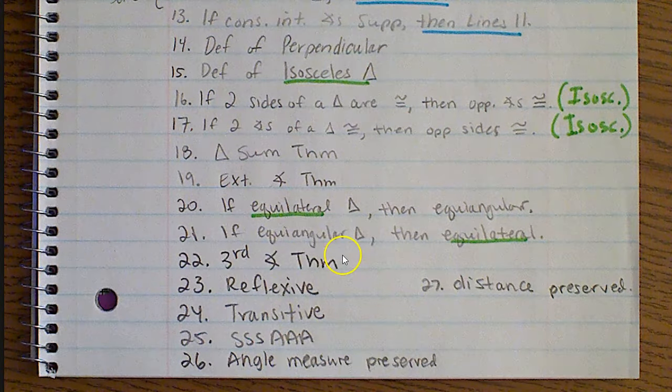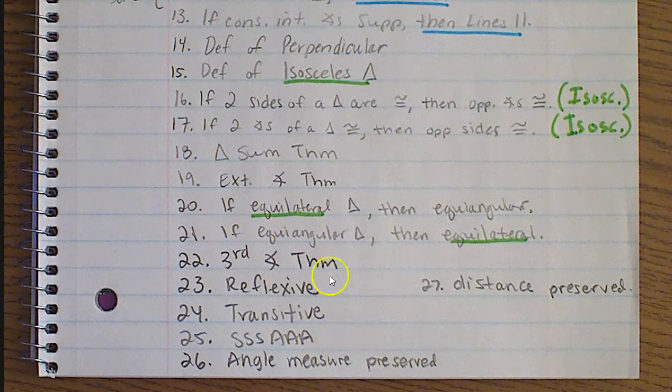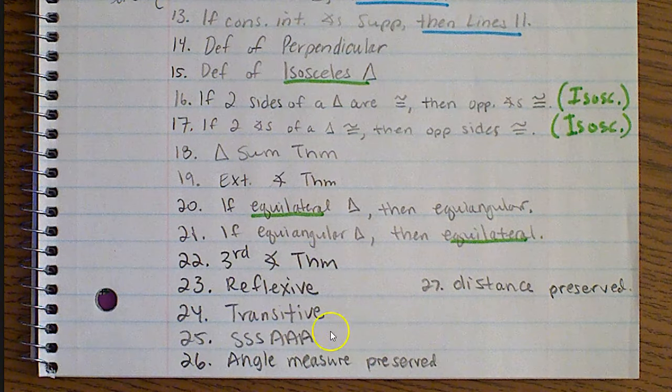So we learned a third angle theorem. Remember, that's when you already know two sets of congruent angles exist and you're just trying to show that the third angles exist that are congruent. Reflexive, that's when you've got an overlapping side or an overlapping angle, basically proving it's congruent to itself. Transitive, multiple substitutions. SSS AAA, that's what we use to prove that triangles are congruent.